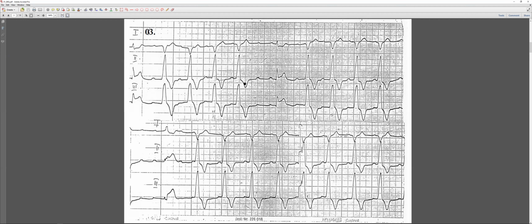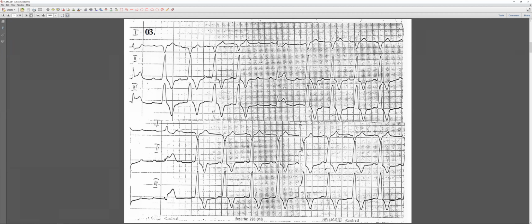So these middle ones are the fusion beats. No, sorry, the capture. All the rest are fusion. Only the ones in the middle are the capture beats, which make it arrhythmic.